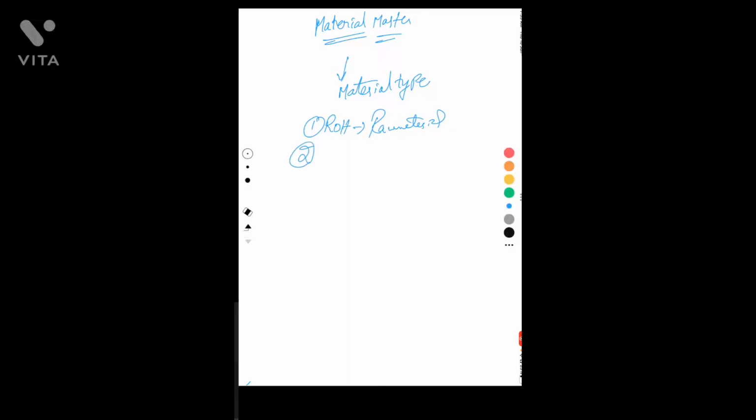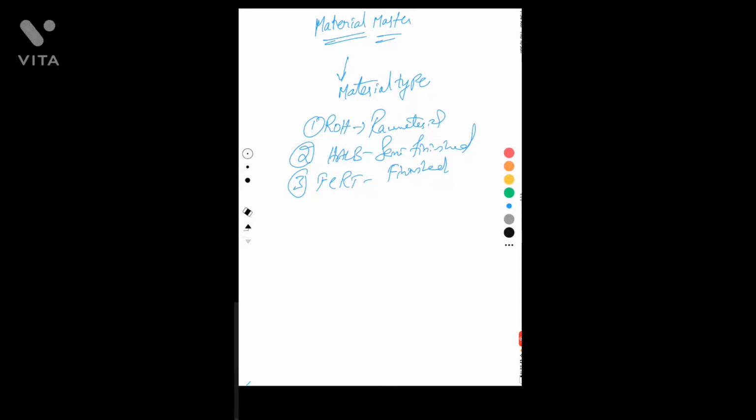And we have the semi-finished goods, HALB. You know the difference between semi-finished goods and finished goods, right? Semi-finished goods are still used to prepare the finished goods. In some cases, we sell semi-finished goods to customers. In some cases we prepare the finished goods by using the semi-finished goods.